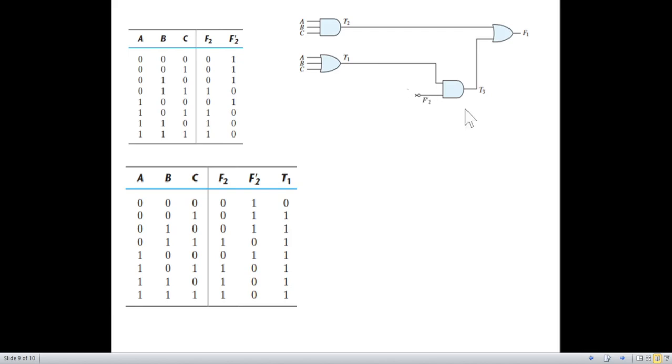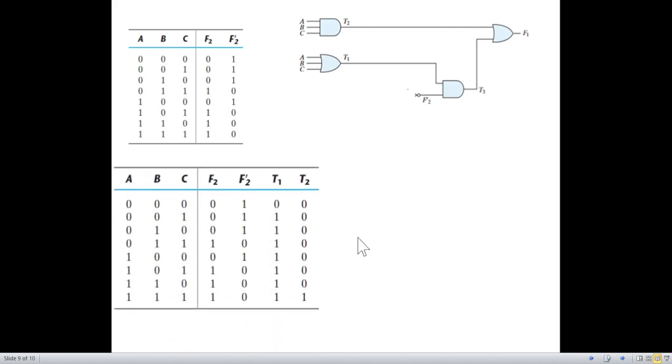And now we can find T3 and T2. So let's find T2. T2 has inputs and its output is through an AND gate. So the output will be 1 whenever all 3, ABC, are 1. That means only here. When ABC is 1, T2 will be 1.